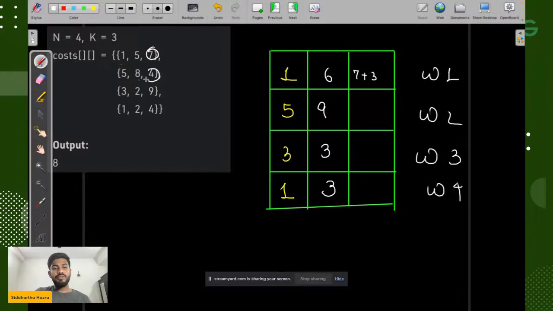If I'm painting it with 4, I would require 4 and the minimum of the rest 6, 3, 3. So 3. 4 plus 3.